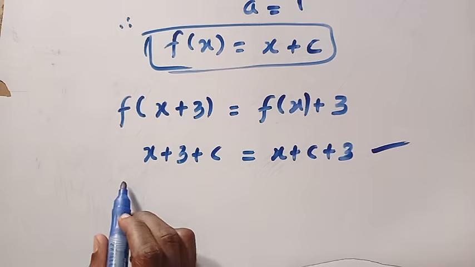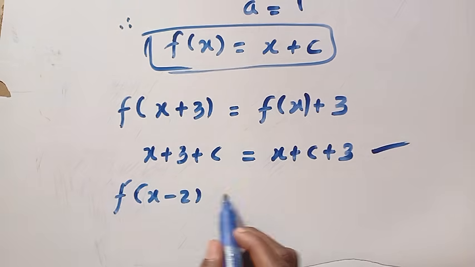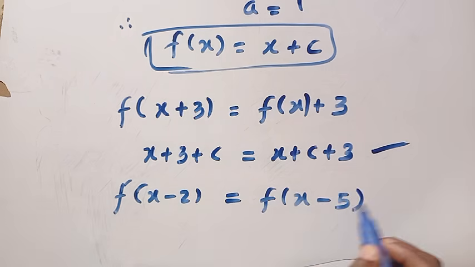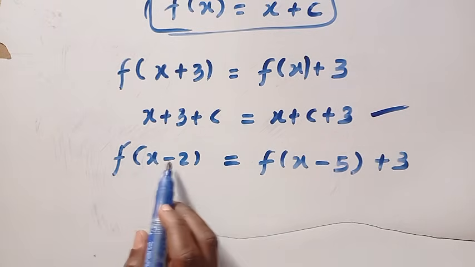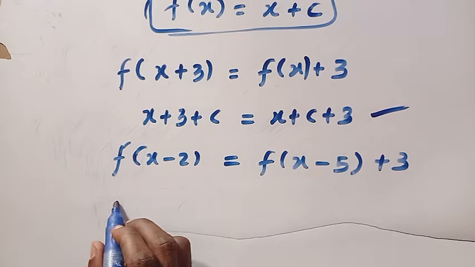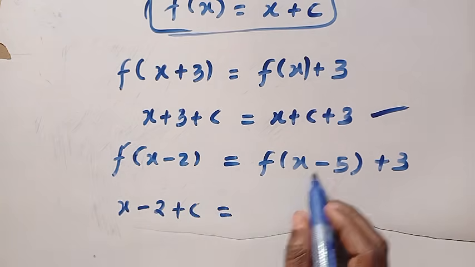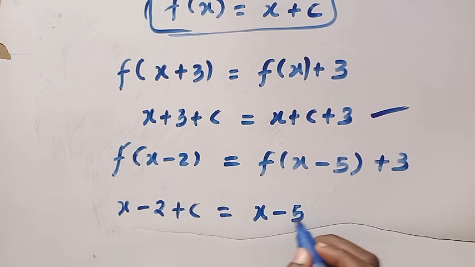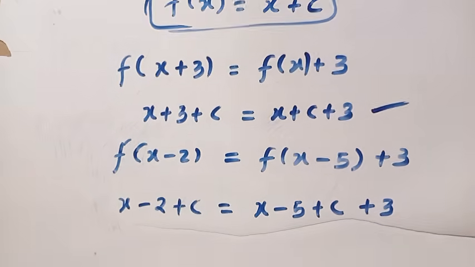And also the original equation, f(x - 2) = f(x - 5) + 3. By substituting, for x - 2 we have x - 2 + c, and for x - 5 we have x - 5 + c, then plus 3.